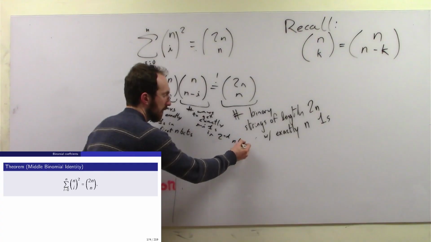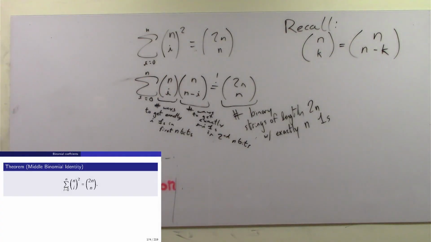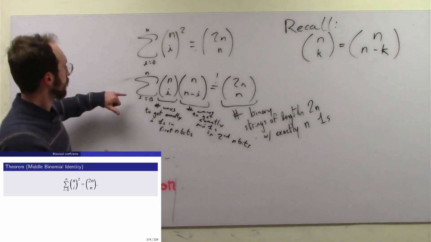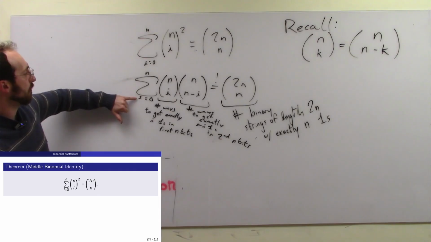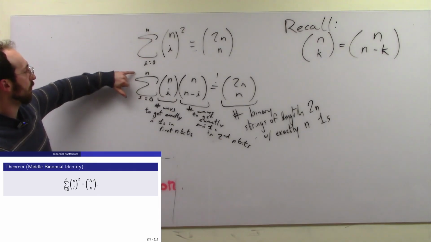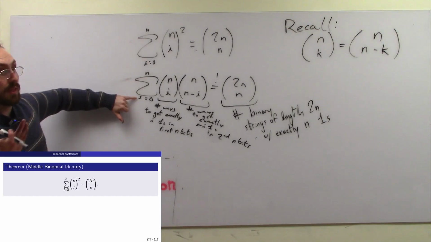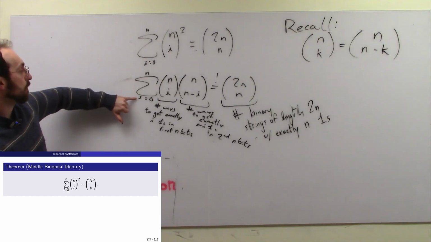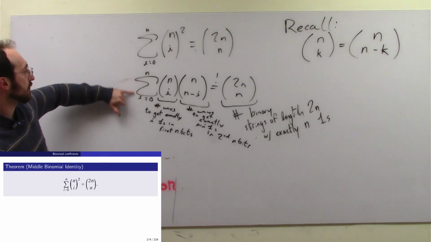Yeah, in the second n bits. Cool. So we can effectively range from 0 all the way to n. This is saying, okay, within my first n bits, how many ones do I decide upon?